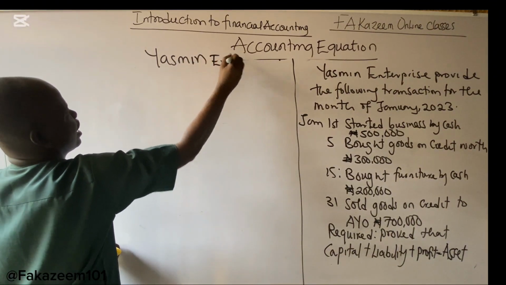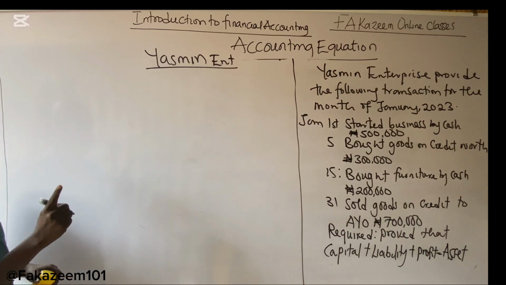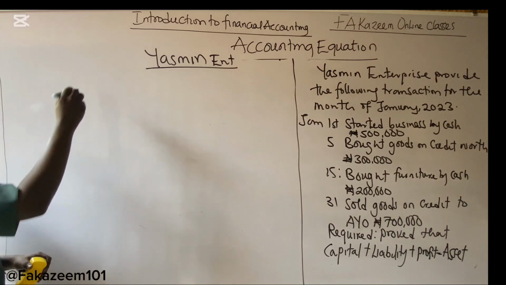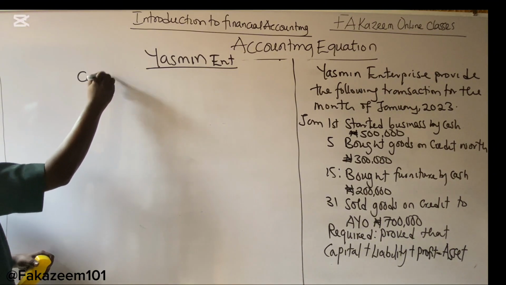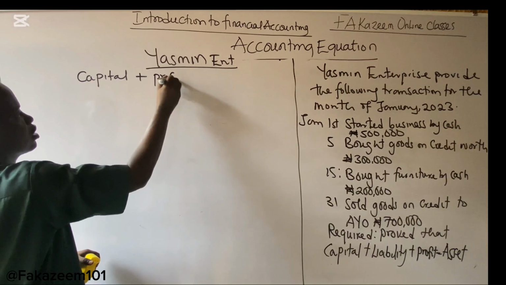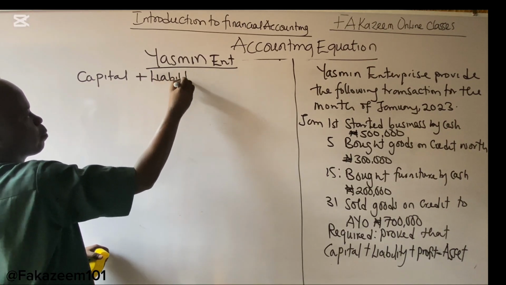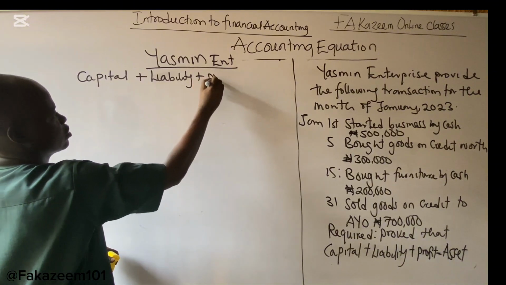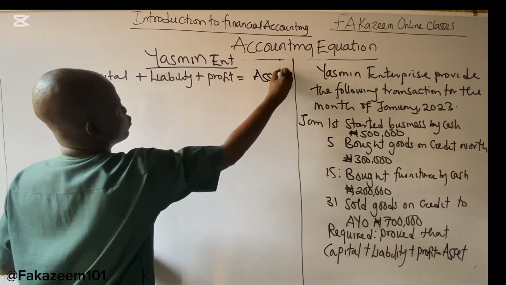Yasmin Enterprise. We want to prove this transaction of Yasmin. What we are going to do to prove it, we'll say capital plus liability plus profit equals what? Asset.